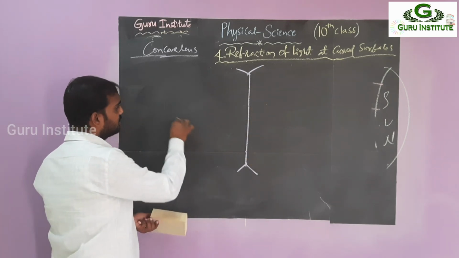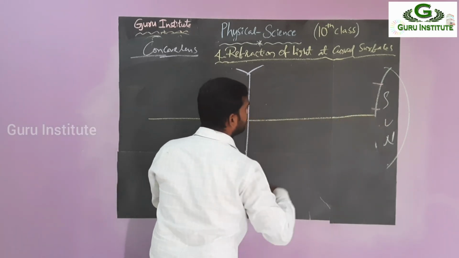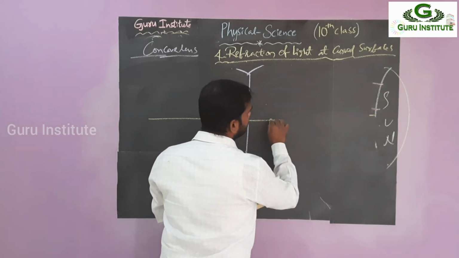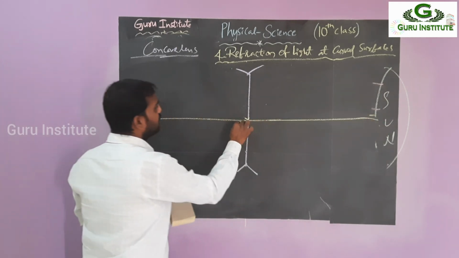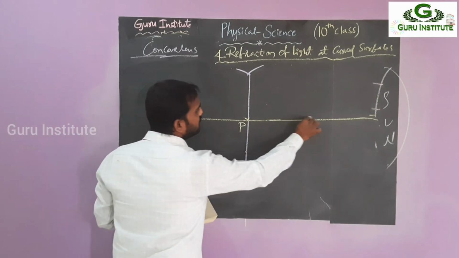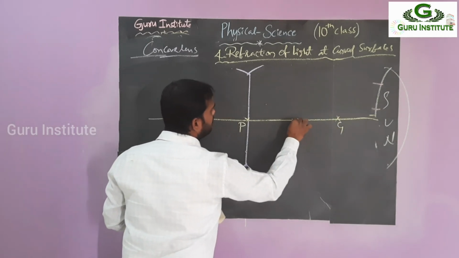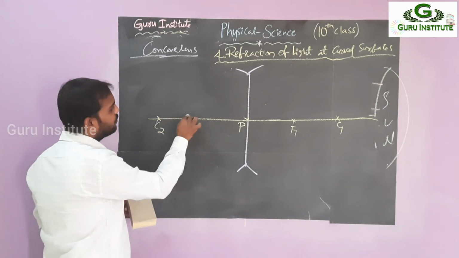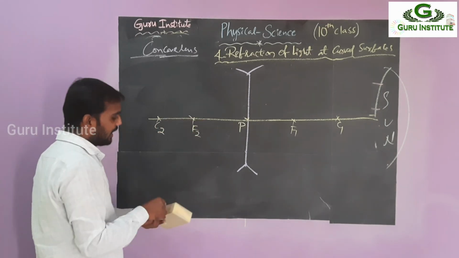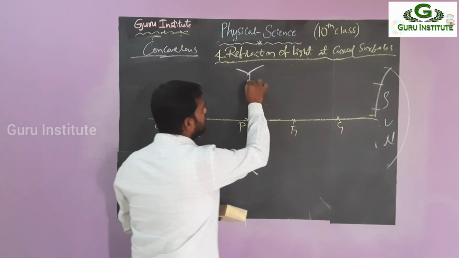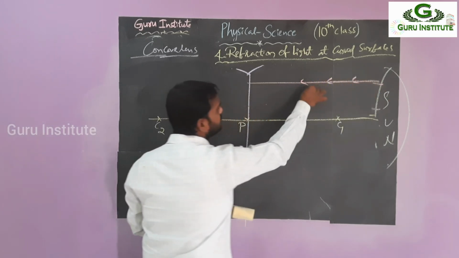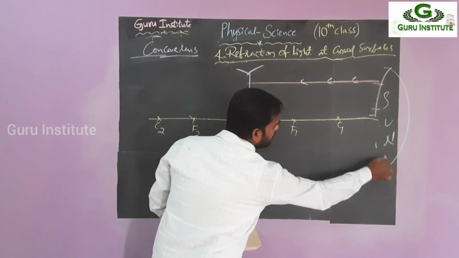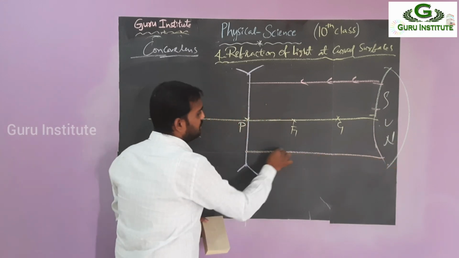So next, take the same principal axis, pole, center of curvature, then focus 1, then center of curvature 2, and focus 2. Then again take the parallel rays. This is the sun.